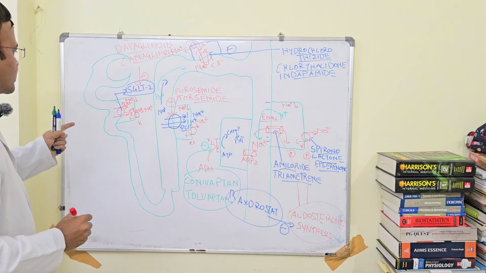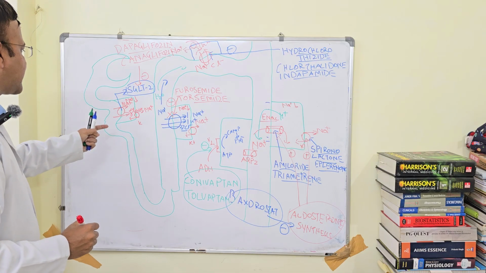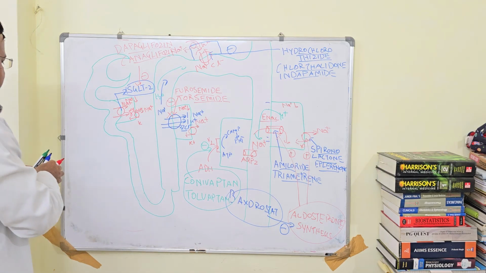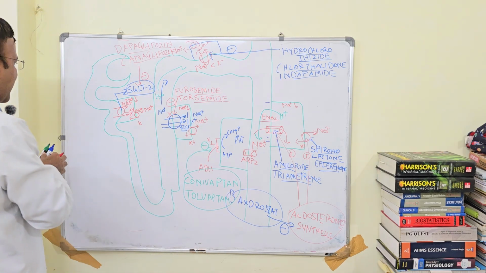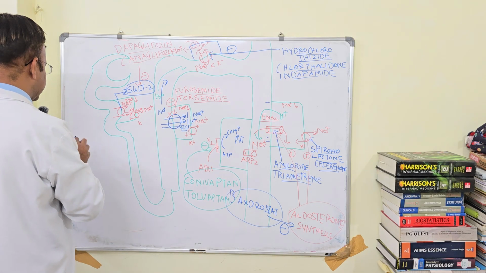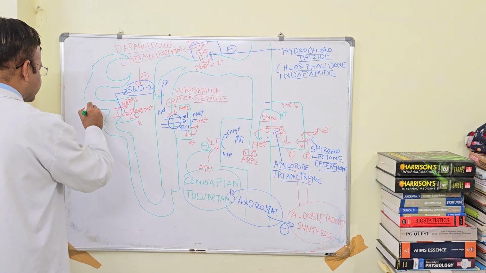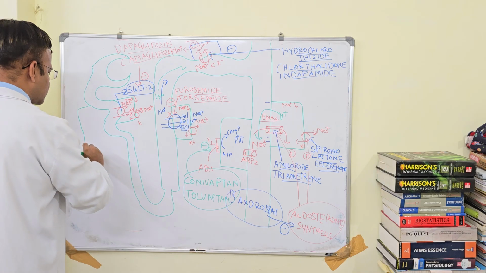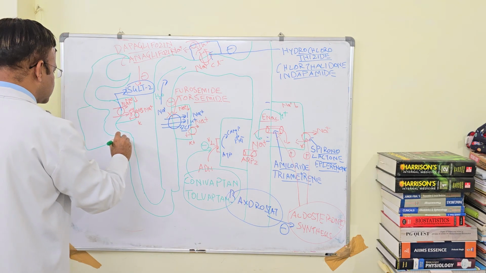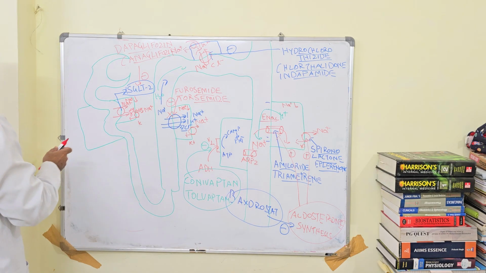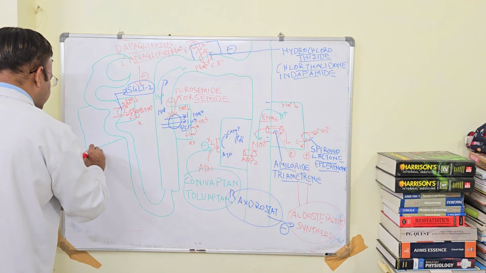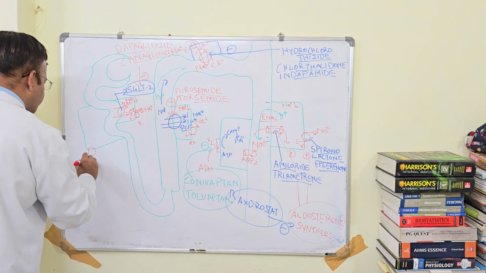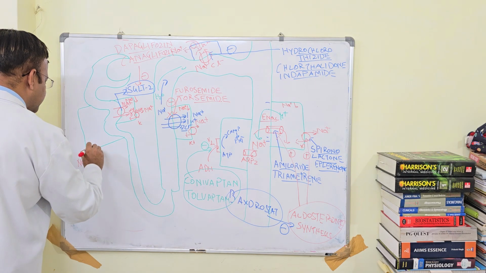One very important diuretic which actually acts on your PCT is acetazolamide, right? Now how does acetazolamide act? On this side, of course, you have got the sodium potassium ATPase pump pumping sodium outside, potassium inside.